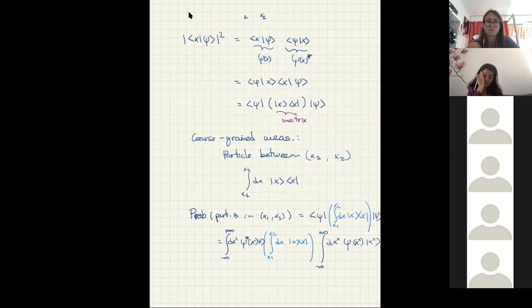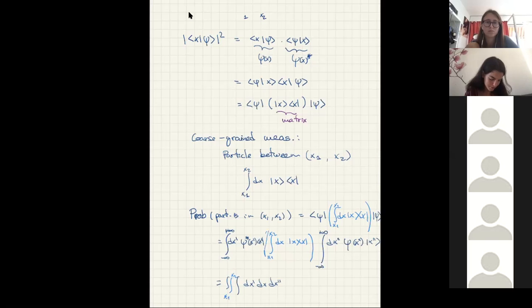Okay, never mind. So we have these three integrals, and then we have dx', dx, dx'', and now we have the x'.